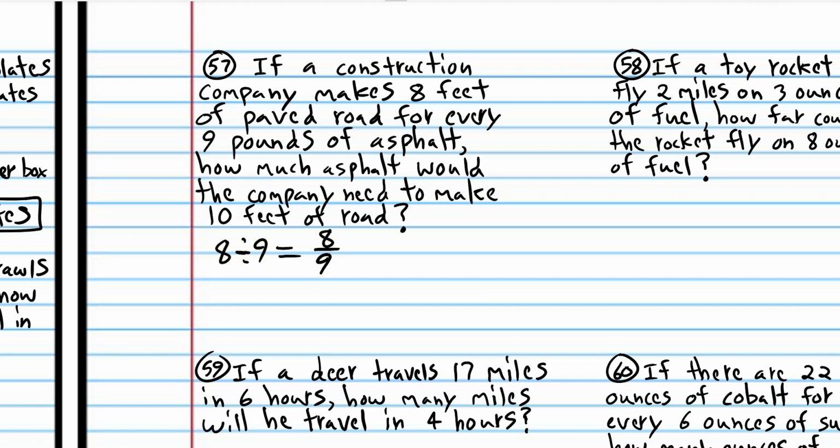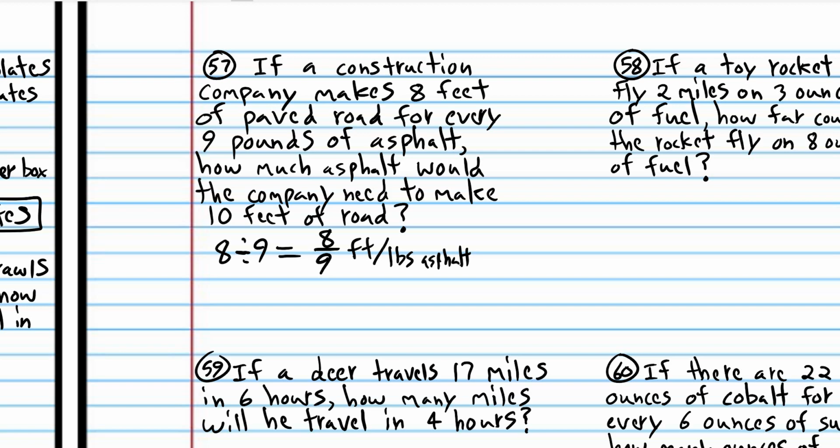We're going in the reverse direction. So what this means, very simply, is the unit rate is 8/9 feet per pound of asphalt. So it's much easier to use a fraction in the sense that you don't have to do a lot of operations. But fractions, unfortunately, are more difficult to work with than decimals.